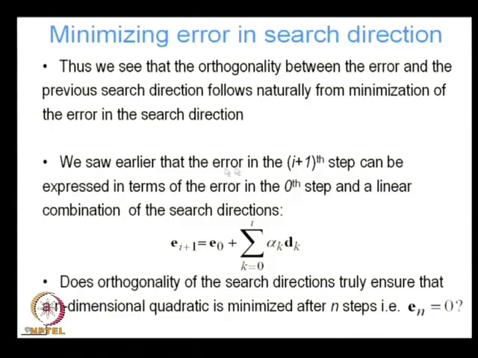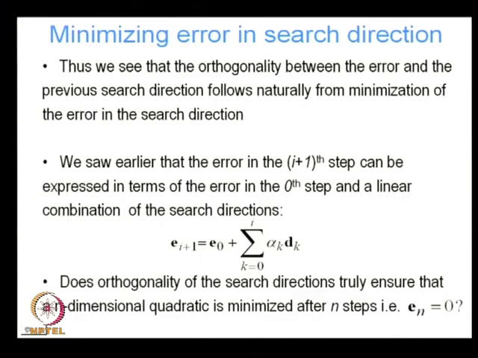We saw earlier that the error in the i+1th step can be expressed in terms of the error in the 0th step and a linear combination of the search directions, right, that is, the error at any i+1 is equal to my initial error e_0 plus some linear combination of my search directions. We saw that already. So, does orthogonality of the search directions truly ensure that an n-dimensional quadratic is minimized after n steps, that is, e_n equal to 0?